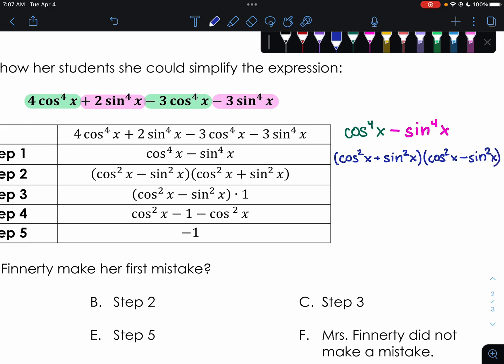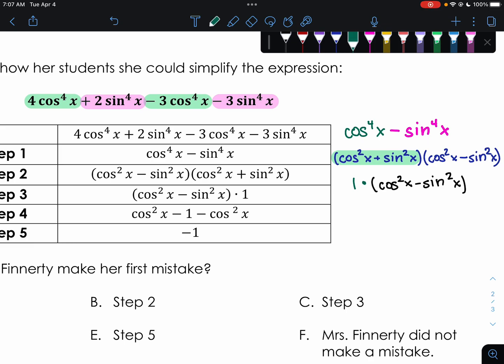From here, it's up to you to understand that this right here is a Pythagorean identity. It does not matter that cosine came first, it's being added, so it's the same thing. So that turns into a 1, and it's still being multiplied by cosine squared x minus sine squared x.